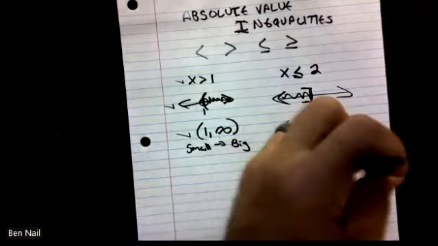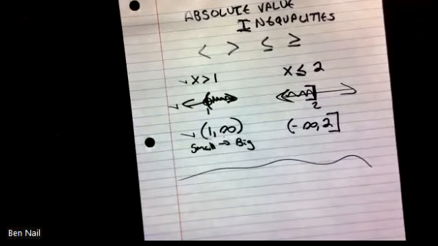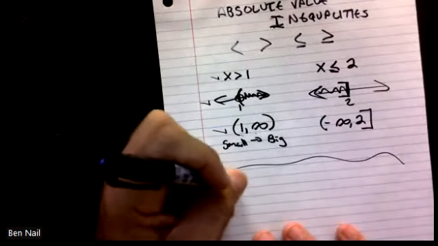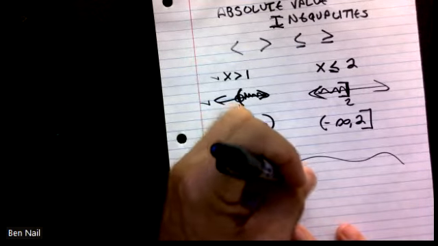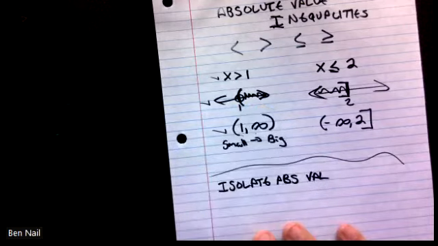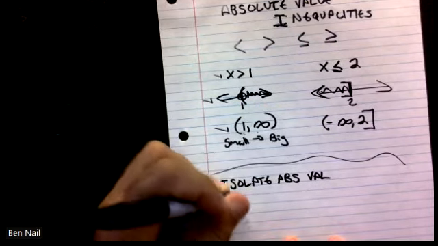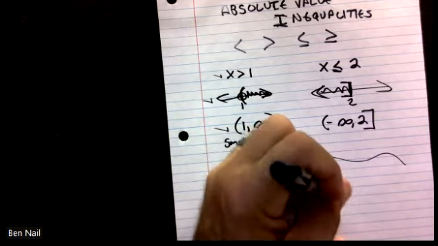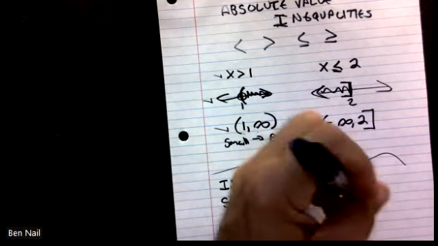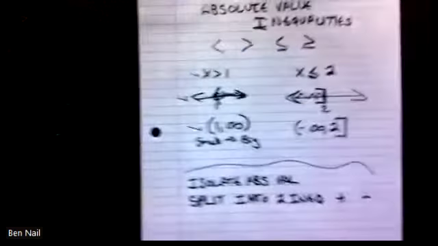Okay. Now, dealing with absolute value, it's the same stuff we just talked about. So again, you isolate the absolute value. Then you're going to split into two inequalities, one positive and one negative.